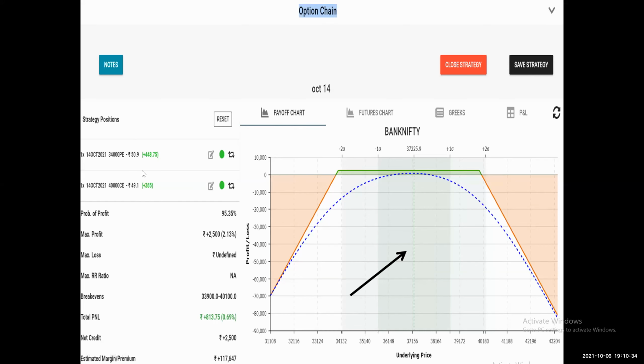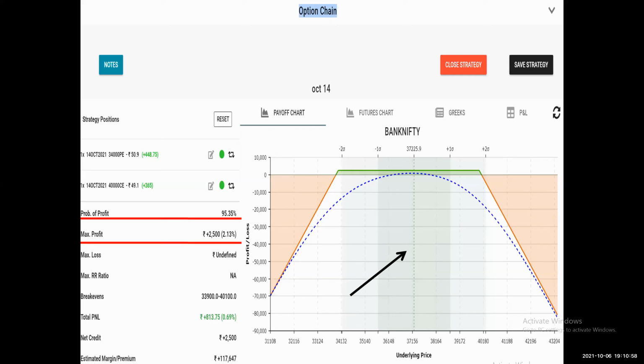Both are almost the same. My probability of profit is 95.35%. The chances of me losing on this trade is just 5%. The profit which I'm going to make is 2,500 rupees, that is 2.13% on my capital deployed.